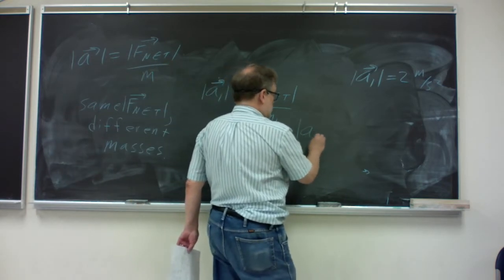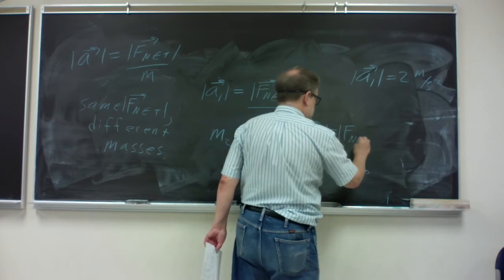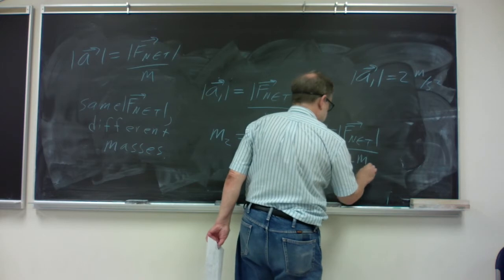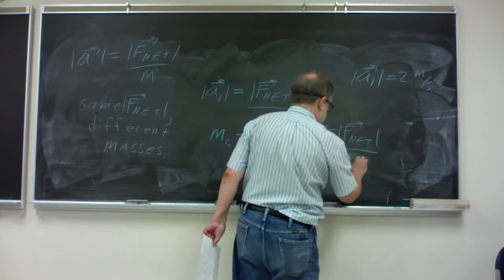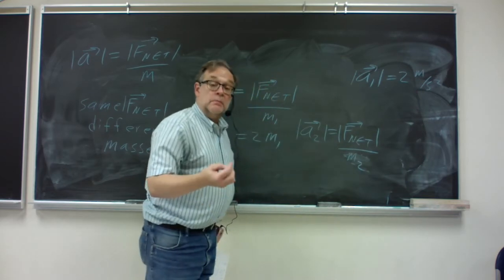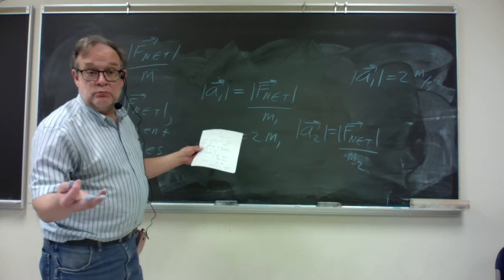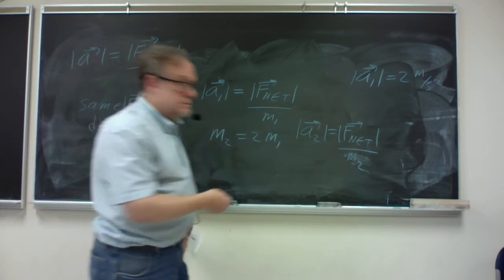The magnitude of that new acceleration is A2, which is the same net force divided by the new mass, but the new mass, we could also just call it 2 times M1, because that's how big M2 is.